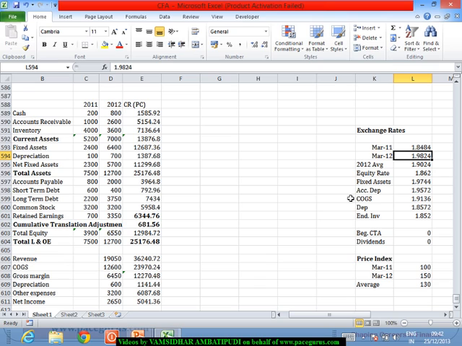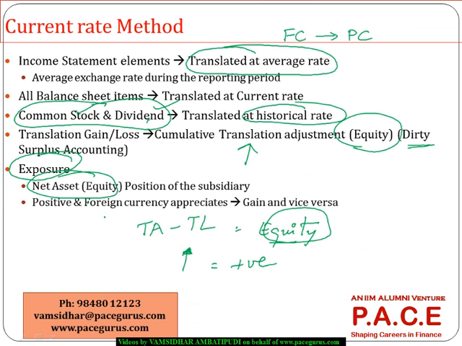So in this case, the domestic currency has appreciated during the period. It's the domestic currency here, not the foreign currency.